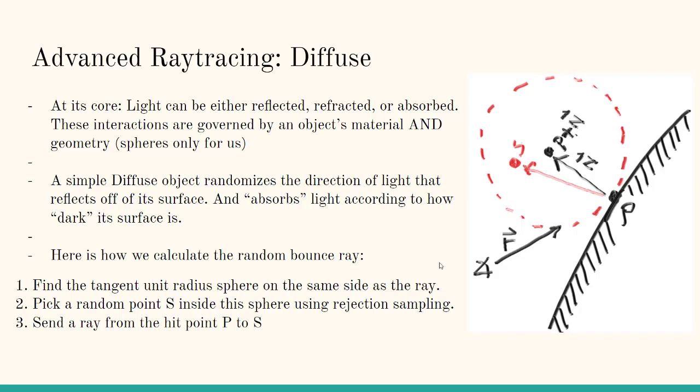To calculate this random bounce ray off a diffuse object, we're actually going to use some math. So if you can follow along with the picture here, this would be the incoming ray of light R. We're going to find the tangent unit radius sphere on the same side as the ray, which would be, obviously, outside the sphere here.